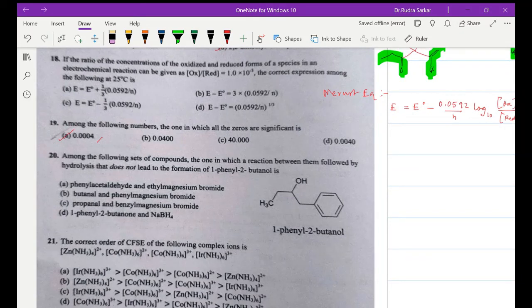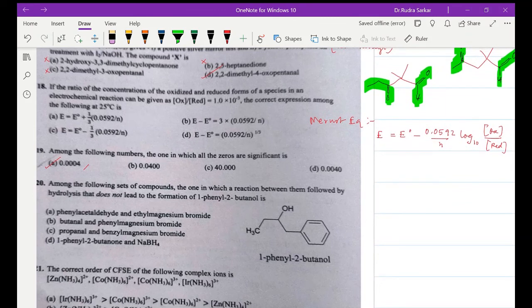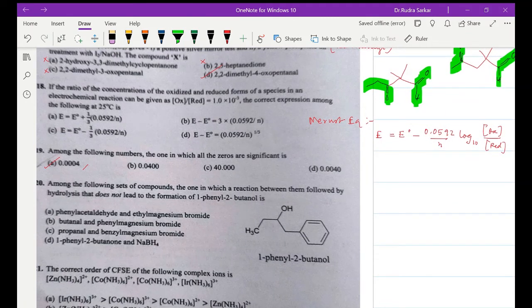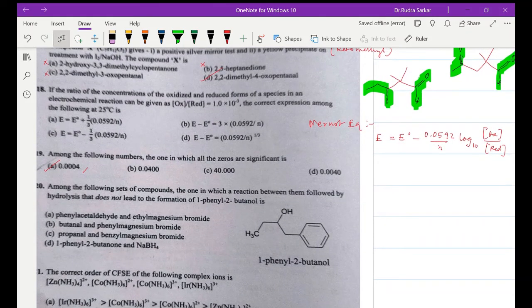Now in question number 18, it is given: if the ratio of concentrations of the oxidized and the reduced forms of the species in an electrochemical reaction can be given as ox by red equal to 10 to the power minus 3, the correct expression among the following at 25 degrees centigrade is, we have to find out.